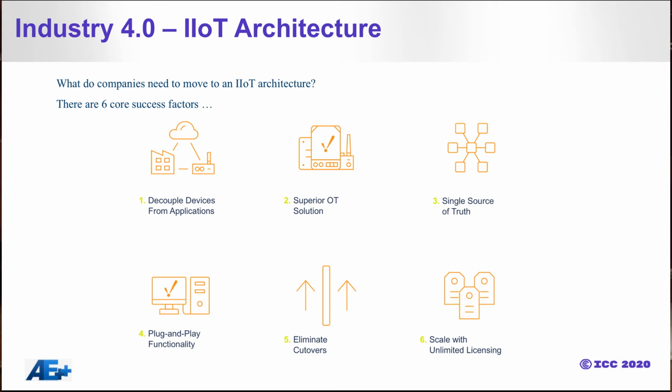Then one provides a superior OT solution. We can talk about analytics, machine learning and AI all we want. But if the solution doesn't meet the operations needs, it's a non-starter. Therefore, the architecture provides you with a superior OT solution.